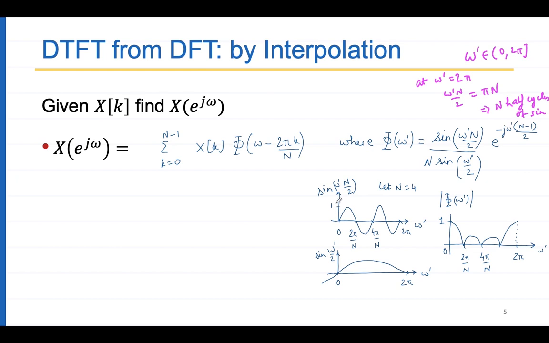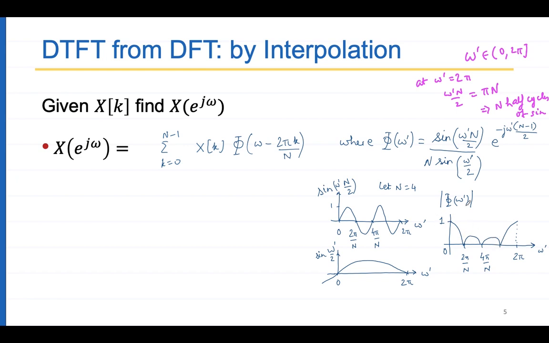And at 0, the magnitude is 1. About here in the middle, it will be this much, meaning 1 upon this, whatever is close to 1, into capital N also is there. So it will be a very small value. So the larger the value of capital N, the smaller will be the value of these side lobes.